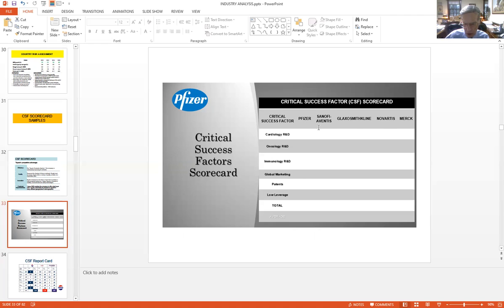So each of these companies would be rated perhaps from 1 to 5 based on those criteria, and a score would be computed, a total, and we could then compare these companies and decide which of them seems to have the greatest capability functionally to compete in this industry.